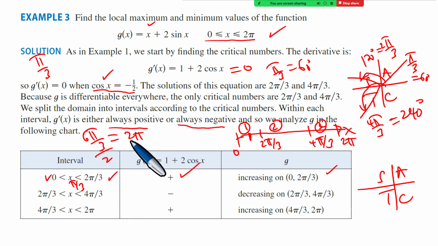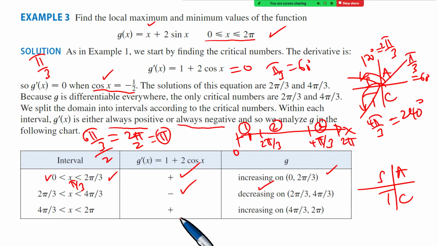Add these and divide by 2, you get exactly pi. When you get pi, you put it in the place of the cosine here. So cosine pi becomes exactly -1. Now 2 times -1 is -2. 1 minus 2 is -1. It's negative, so it means it's decreasing from 2 pi thirds to 4 pi thirds.